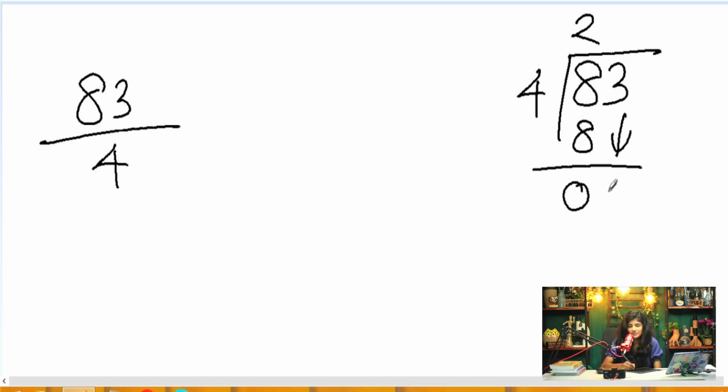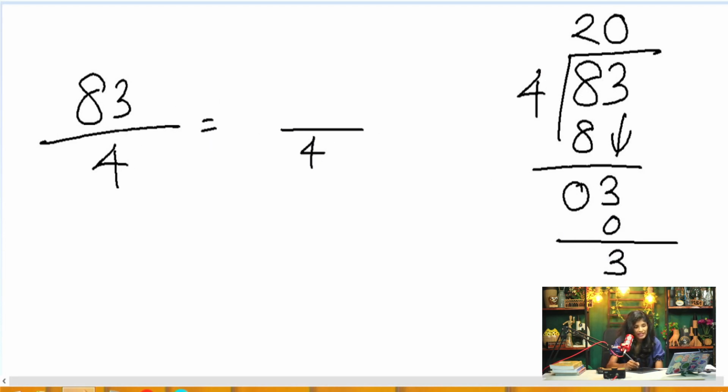Let's take 3 now. For 3, are there any 4s? No. So we will put 0 there. 0 times 4 is 0. The remainder is 3. The denominator is always 4. The remainder is 3 and the whole number is 20. Very easy.